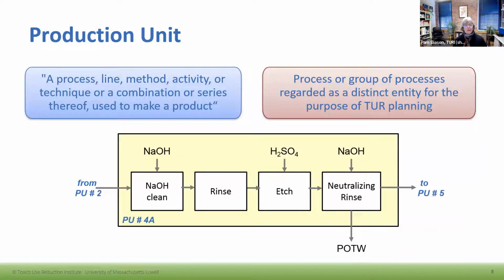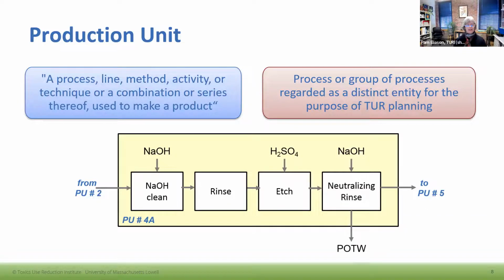So the production unit, again, it's a production unit level requirement. What's a production unit? It is that process, line, method, activity, or technique, or a combination or series of those elements that you use to make a product. So here we have a very simple block diagram of an etching process. You can see that there are blocks for the 4 main steps within the production unit.